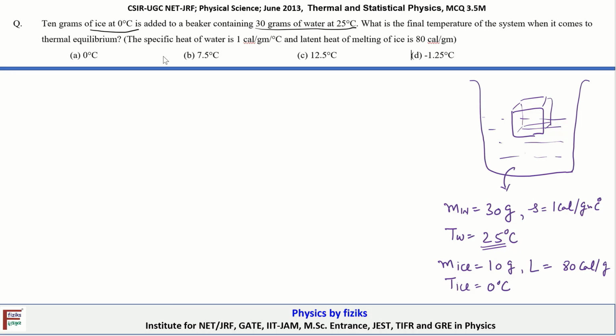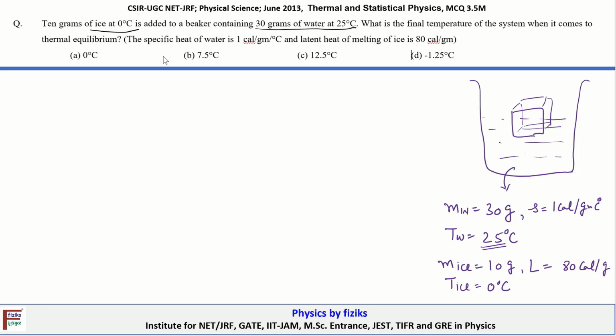The complete process means the ice will melt only when the energy required to melt this 10 gram piece of ice is available in 30 gram of water at 25 degrees Celsius. And if it's not, then the temperature of the water will not change. So let's take a look at the calculations here.